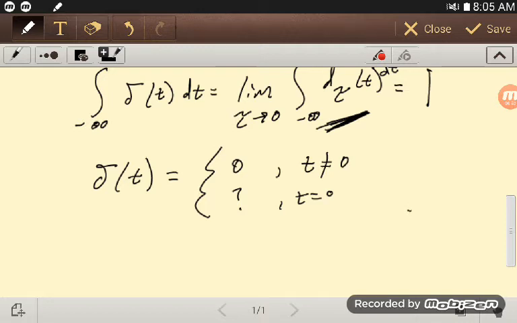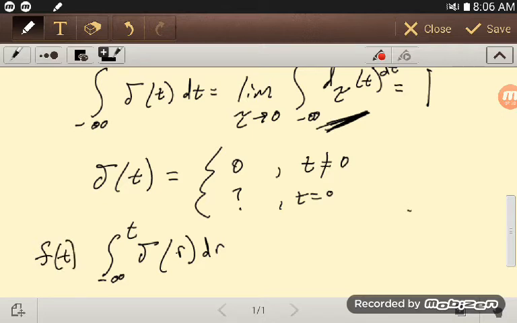And what's also interesting is if you think of the integral from minus infinity to t of the delta function, I'll use r, dr, so here's some function of t.